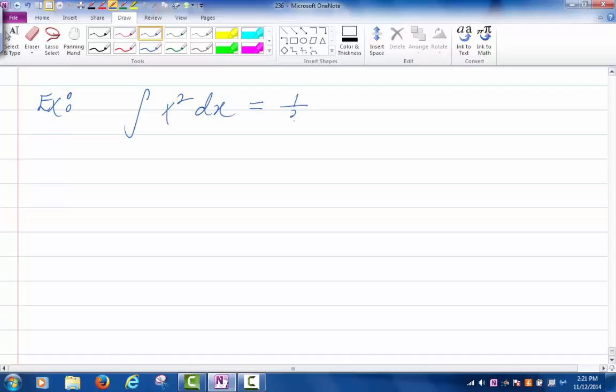Very good, 1/3 x cubed. Once you find one antiderivative, any other one looks like 1/3 x cubed plus c, where c is a constant. That's the most general form of the antiderivatives of x squared. And so the indefinite integral of x squared dx is exactly 1/3 x cubed plus c. Is everybody okay with that?